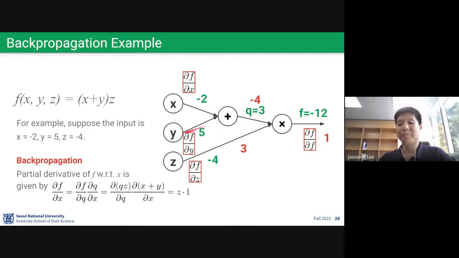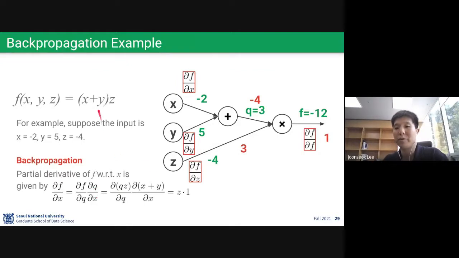What about here? We need the partial derivative of f with regard to x. And using the chain rule, we need fq and qx. The previous part, fq, we already have computed. That is minus 4. And what about this part? The partial derivative of q with regard to x.